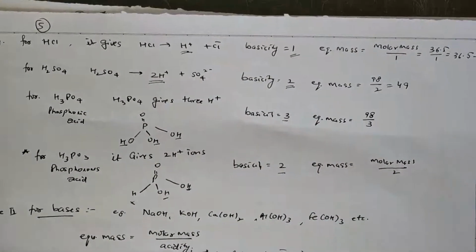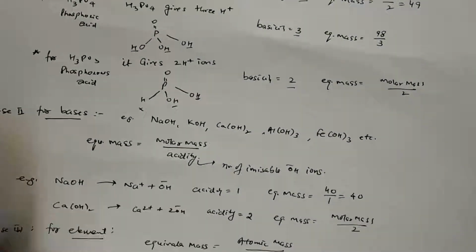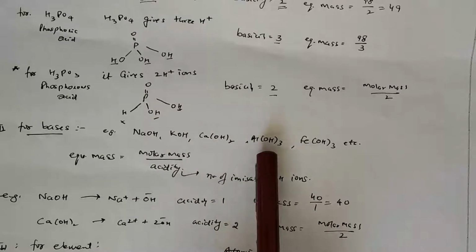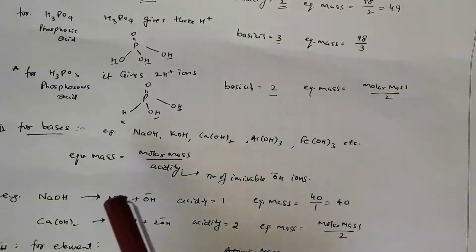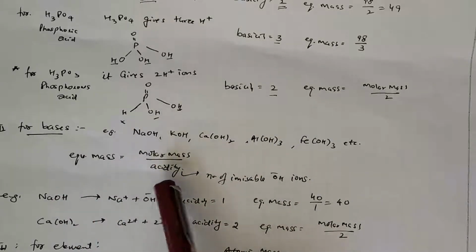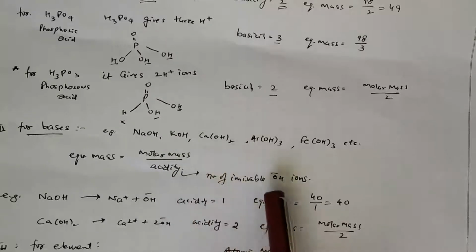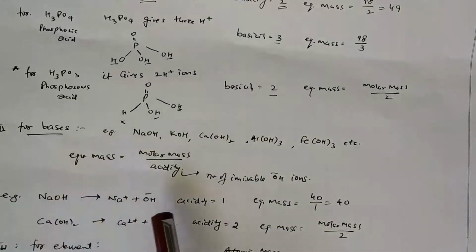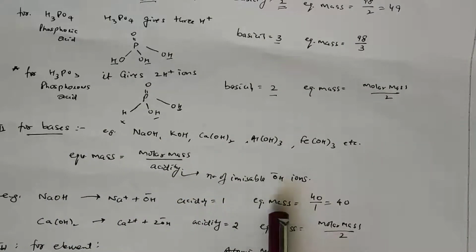Now case 2 is for bases. For bases like NaOH, KOH, calcium hydroxide, aluminium hydroxide, how can we calculate the equivalent mass? Equivalent mass is molar mass by acidity. Acidity is the number of ionizable OH negative ions. NaOH gives only 1 OH, so acidity is 1, so equivalent mass is equal to molar mass. Calcium hydroxide gives 2 OH negative ions, so its acidity is 2, so molar mass divided by 2.